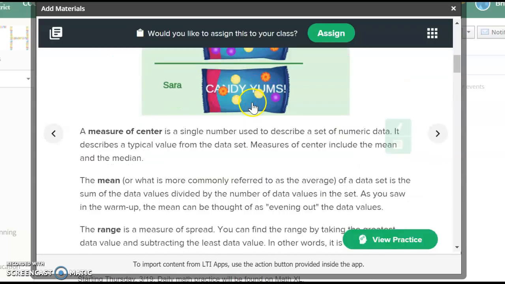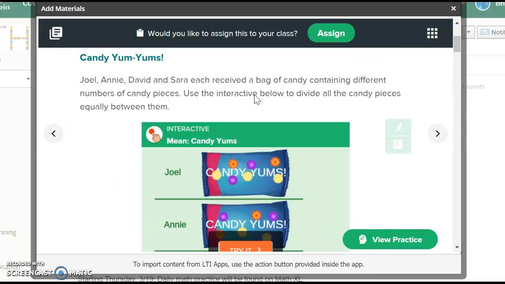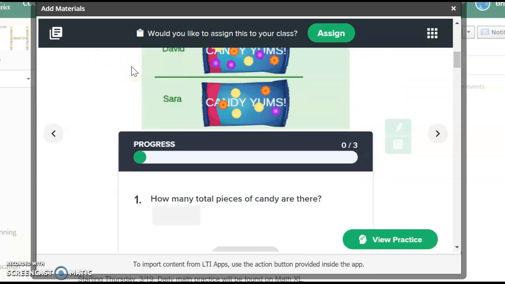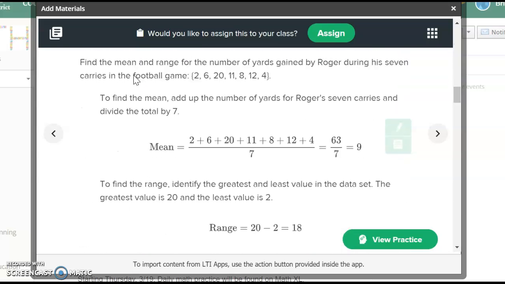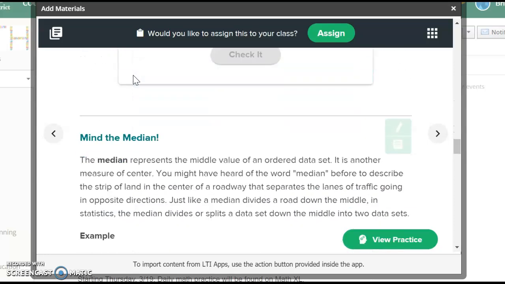This part here, all these interactives, let's just say, let's pick a name. Let's say that Kate came on the computer and she wanted to do a little bit of CK12. She knows that she doesn't have time right now to do the whole thing, but let's say that she gets through the Candy Yum Yums, she reads through this, and she gets through the mean part of this here. And she says, you know what, I'm going to stop and I'll come back later to the median.